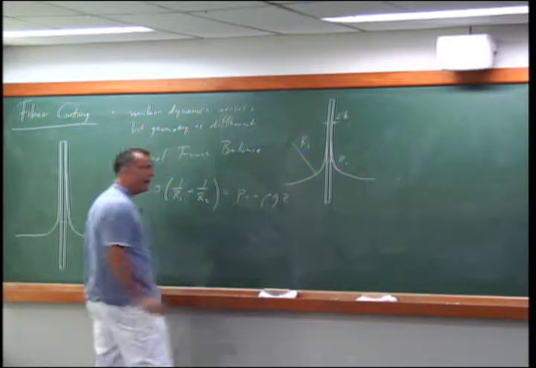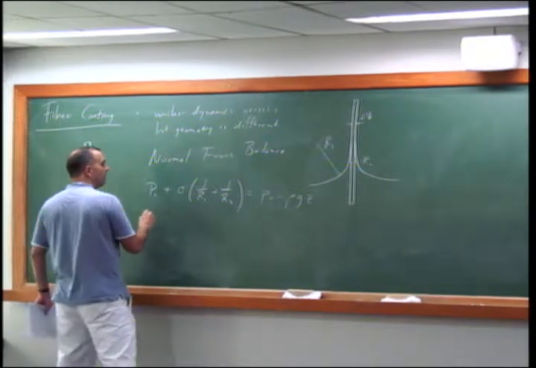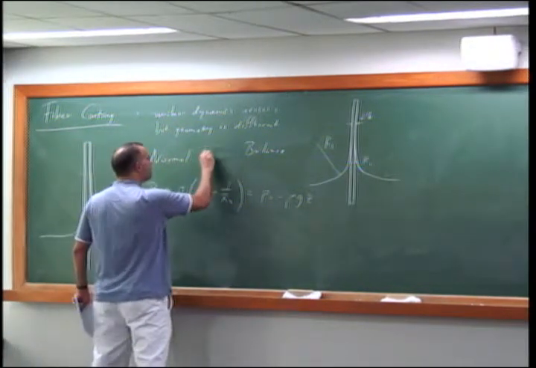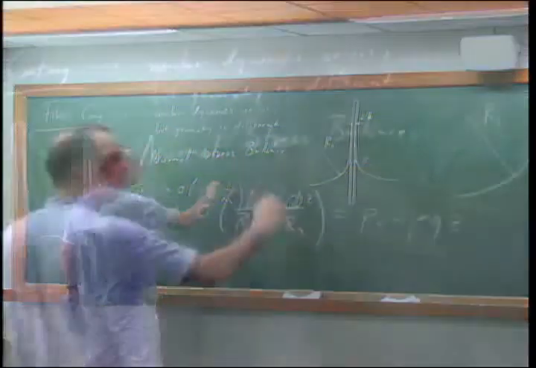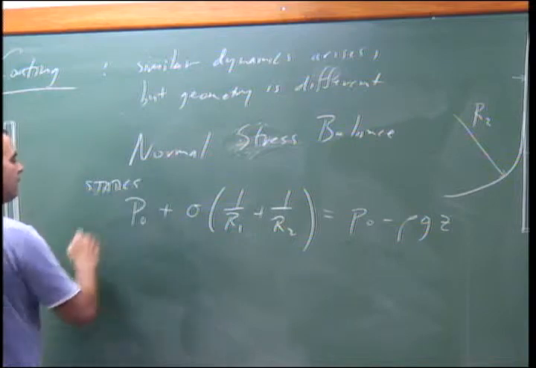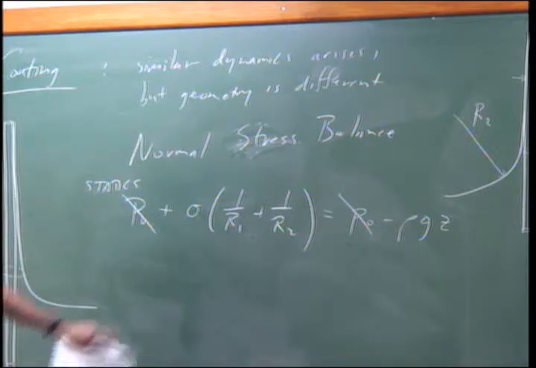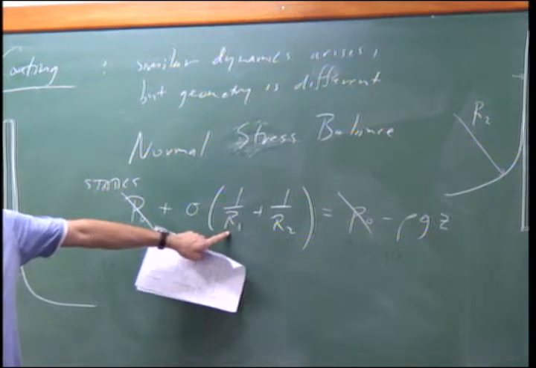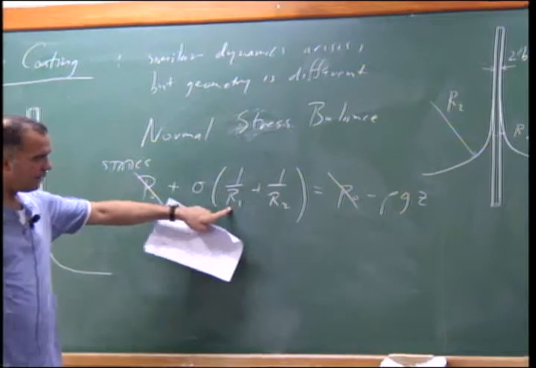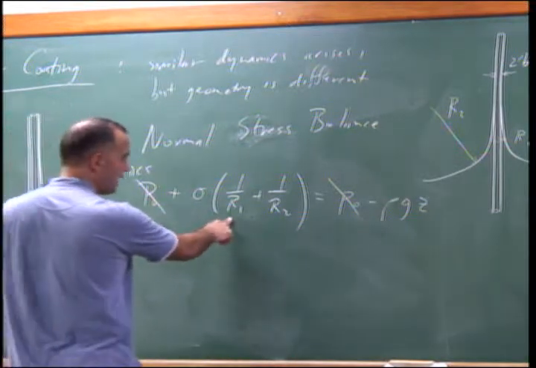Okay, so that's our normal balance, right? Inside the meniscus. So in the static meniscus, if the fiber is very thin, if R1 is very small, then this thing can get large.